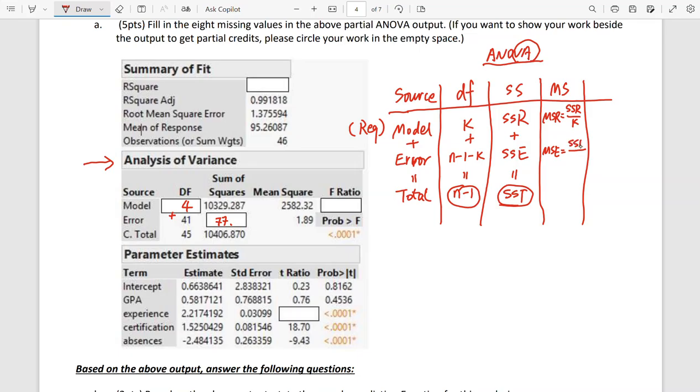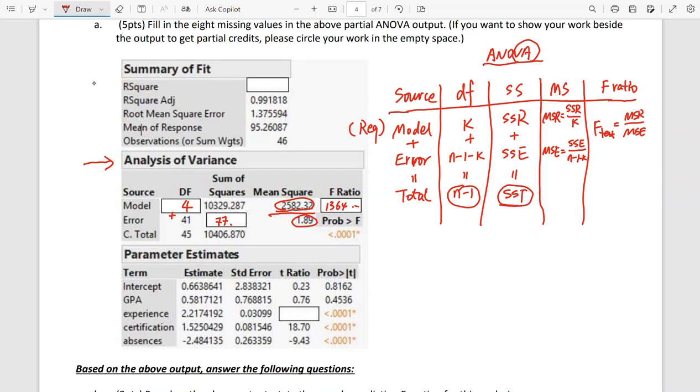We have the sum of the error divided by the degrees of freedom, n minus 1 minus K. The next one will be the F ratio, the F test statistic, which is MSR divided by MSE. So here is MSR, this is MSE. Take the ratio and you have 1364 something. All right, so we are done with the ANOVA table.